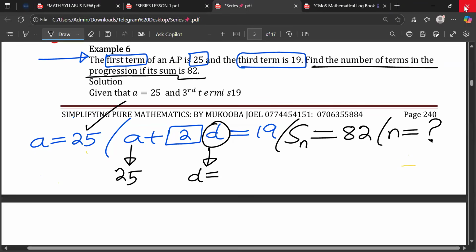Do you all see that when you put here 25, we can get this value of d? All of you use your heads and tell me the value of d. Remember, first term a is 25. You put it here. It is equal to 19, the third term.